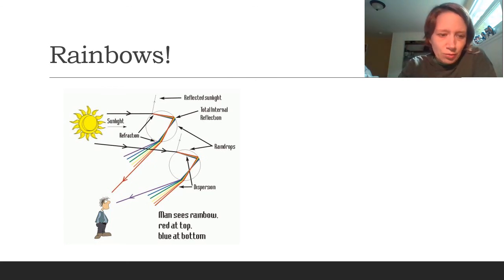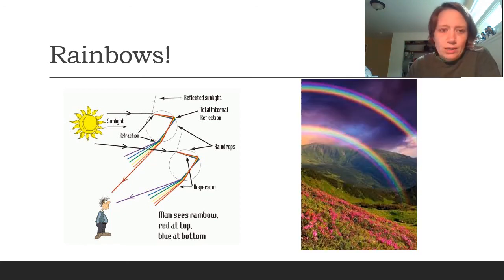This picture explains why when we look at a rainbow, we see the red light on the outside, on the top, based on which drops are sending the red light into your eye, and then the purple light appears to be on the bottom because it's the drops that are lower that have that steeper bend that is sending the purple light into your eye.